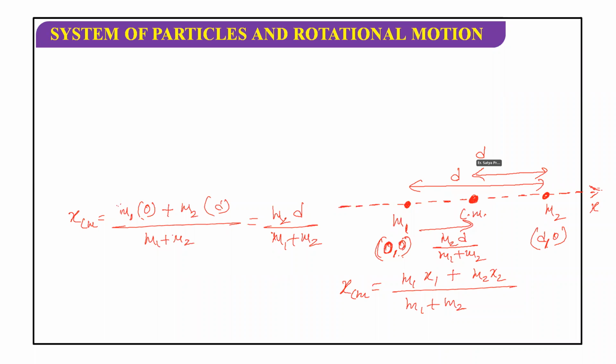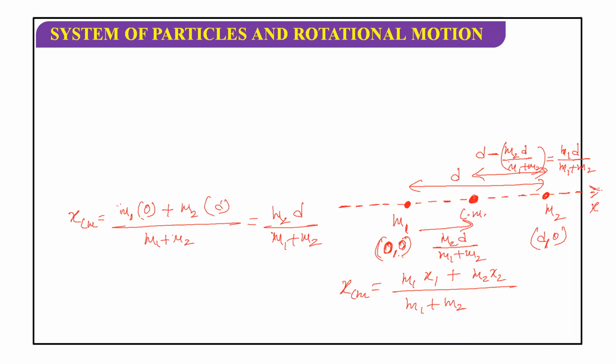So this quantity will be d minus M2d divided by M1 plus M2, which will be equal to M1d divided by M1 plus M2. So the distance of center of mass from M2 is M1d divided by M1 plus M2.